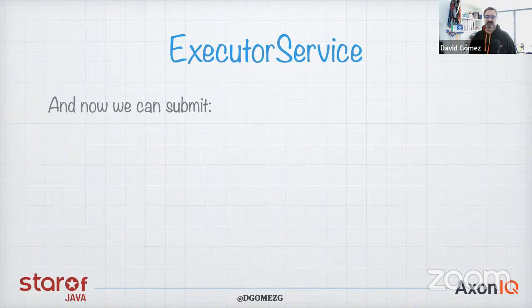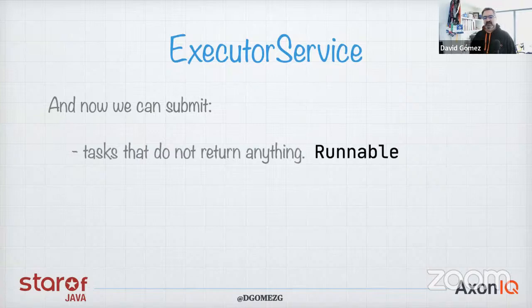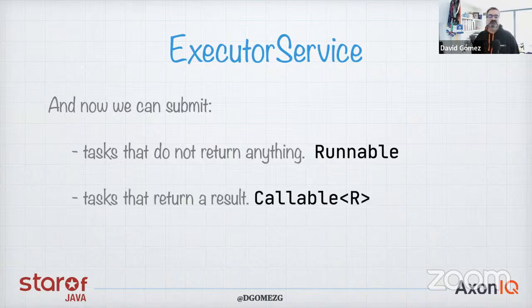So with the Executor Service, there's another improvement over threads: we can submit runnables, tasks that should be executed the same way that we were using with threads, but now we can also submit something different, which is a callable.